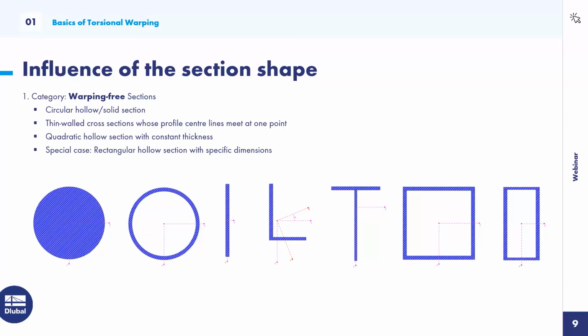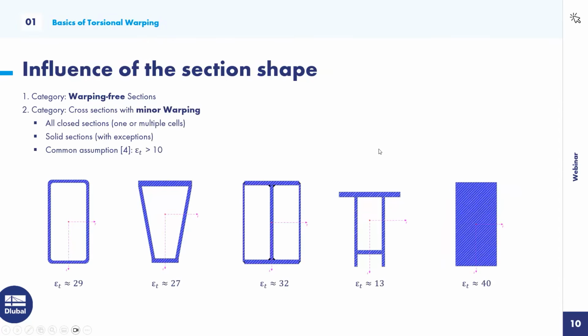Then there's the second category, and that's the category of minor warping cross sections. The warping stiffness of such sections is not 0, but relatively small compared to the torsional stiffness.